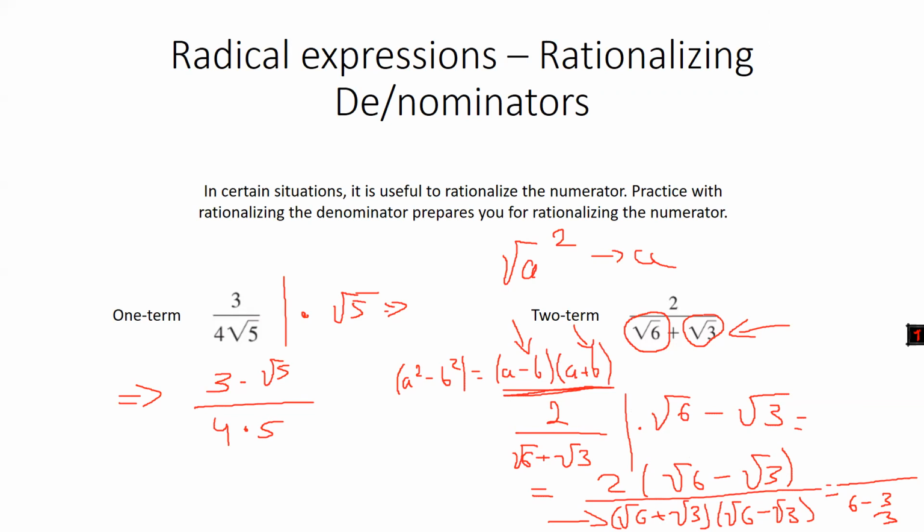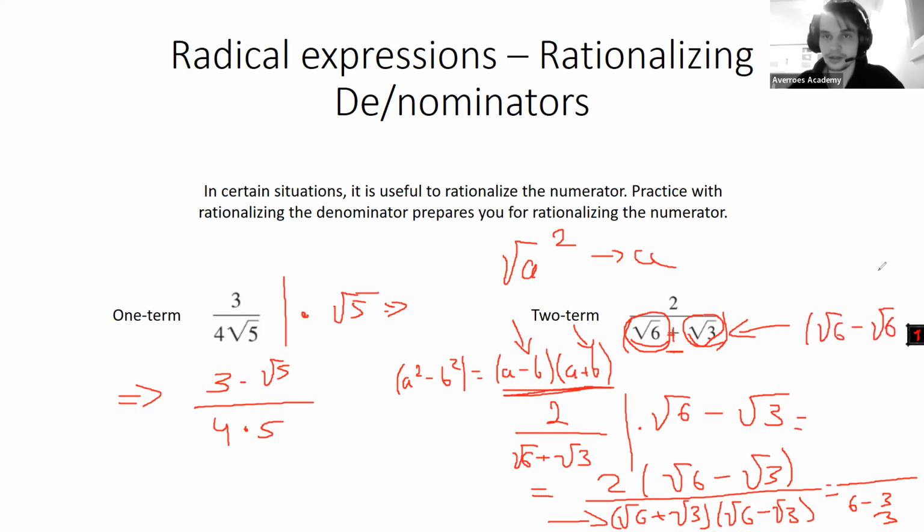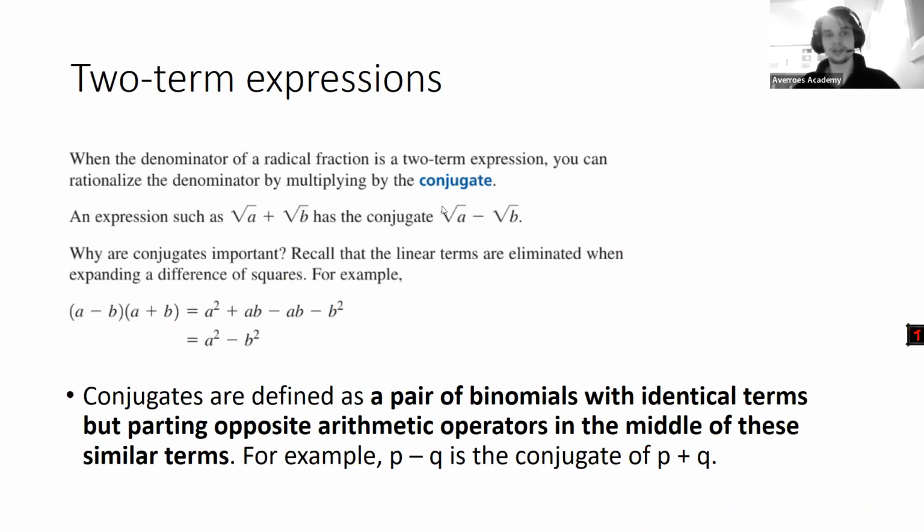In this example, initially we had a sum. Imagine this as a bracket with the sum in it. We need to find the second bracket that has the same terms but a different sign between them. Such a bracket would be square root of 6 minus square root of 3. In the next slide, here is the formula, basically an algorithm.